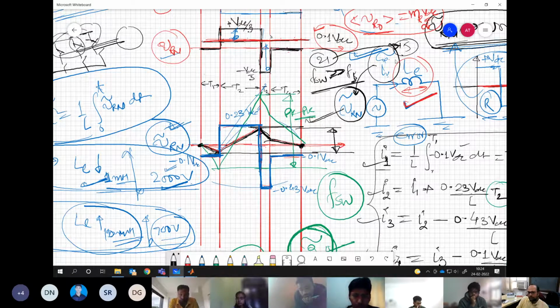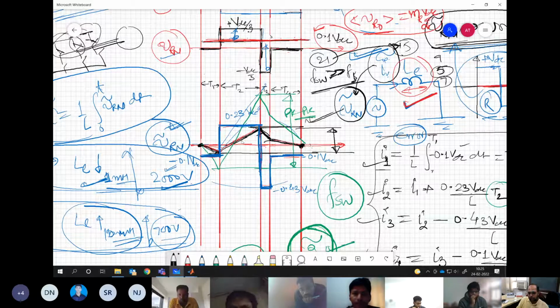Correct? And as you go close to, say, 9 or 5 or 7, if you start from 0, you will not end up at 0, which means the current is not starting and ending at 0, but at some other value. The only thing which is true in all cases is that it cannot have any DC value.